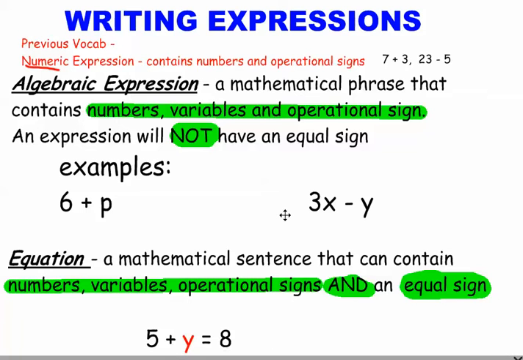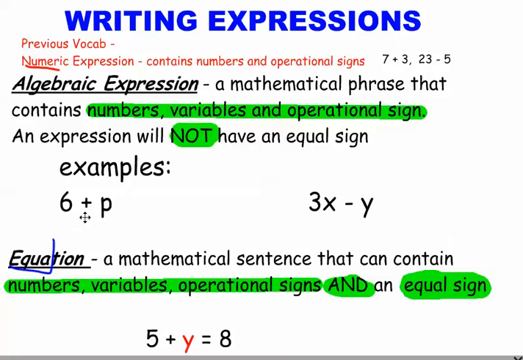Another thing is equations, and we're going to talk about equations a little bit later, but an equation is a mathematical sentence that contains numbers, variables, operation signs, and an equal sign. So an equation has an equal sign. In the word equation, you kind of almost see the word equal. So what's going to happen if I have an expression? Then I would have to give you the value of the variable.